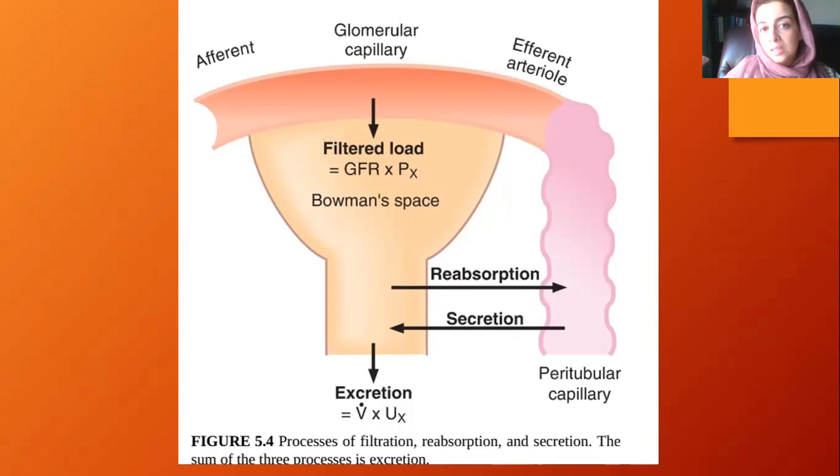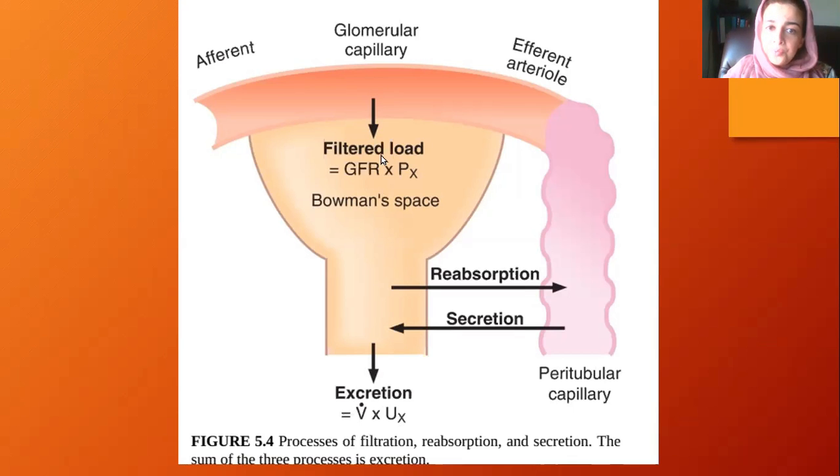Then we have the loop of Henle, and then the thick ascending limb of the loop of Henle, distal convoluted tubule, collecting ducts, and so forth. And beyond the Bowman space, we have either reabsorption of certain solutes from the filtrate into the peritubular capillaries, or secretion of certain substances from the peritubular capillaries into the filtrate. And finally, there is final excretion of that particular substance.